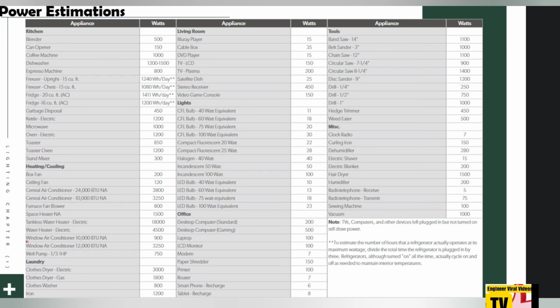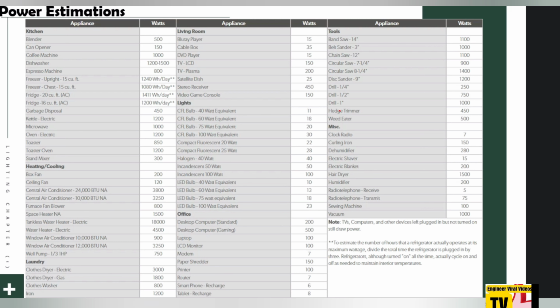And here is a laundry clothes dryer, electrical, 3000 watt, and here the clothes dryer, gas, 1800. And see here, for the kitchen, the blender is 500, the microwave, for example, 1000 watt, and the electric oven 1200, and so on.